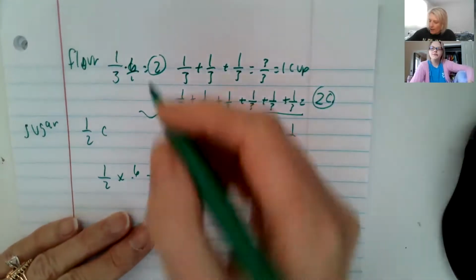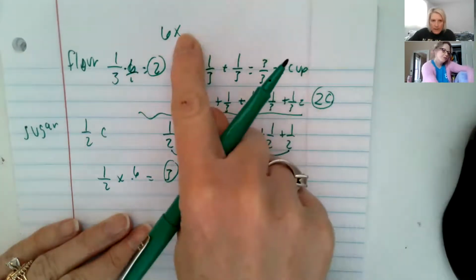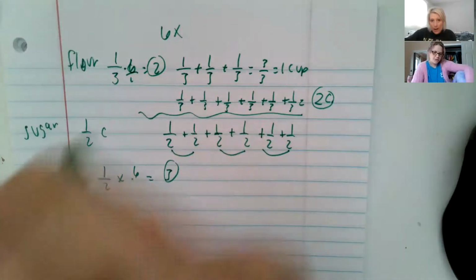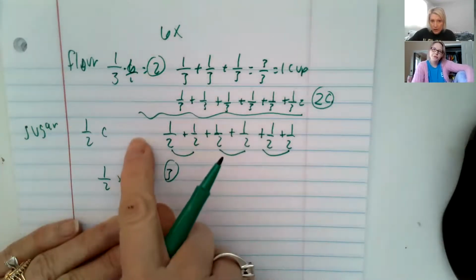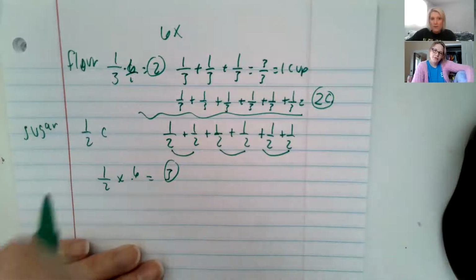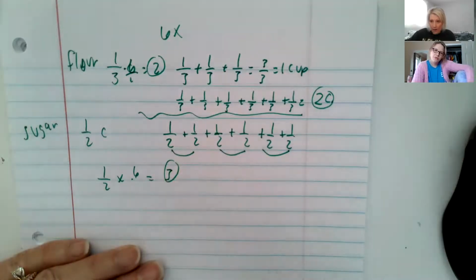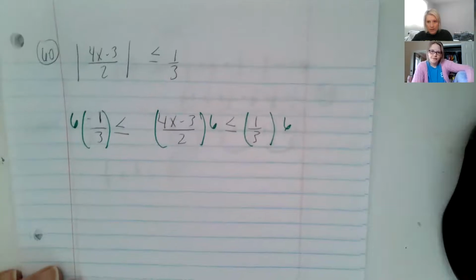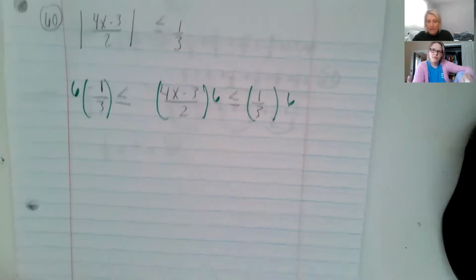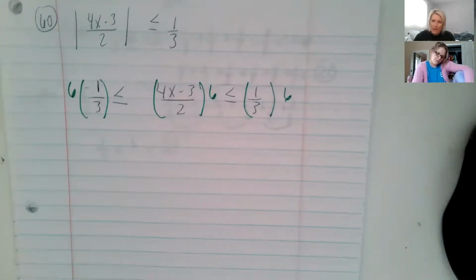That means if I 6 times my recipe, I can use whole cups for flour. I would just need 2 whole cups. And if I 6 times my recipe for sugar, I could use whole cups. I would just have 3 of those whole cups, right? That's what we're doing here. That's why we're doing this. I don't know if that's going to help anybody at all.